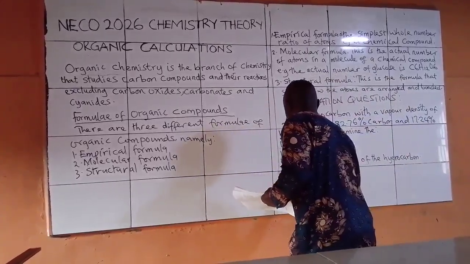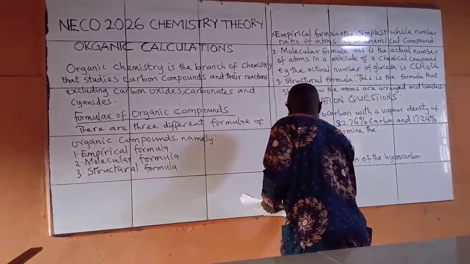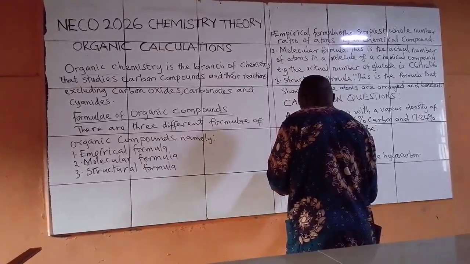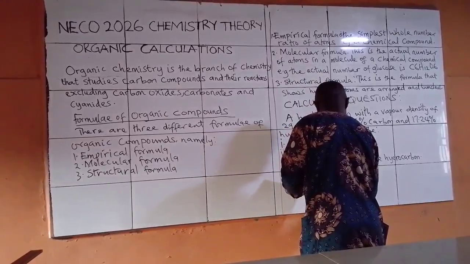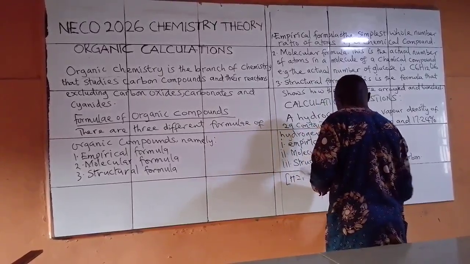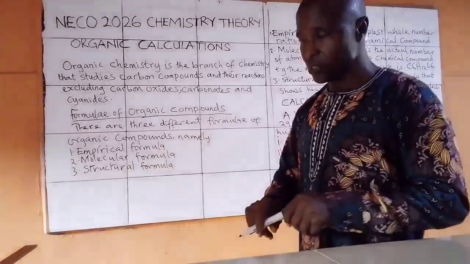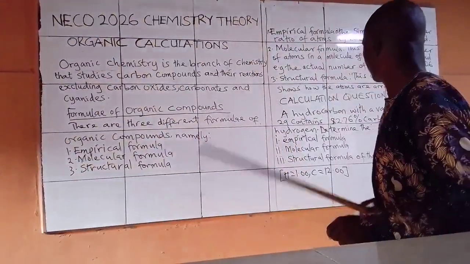Given that the atomic mass of hydrogen is equal to 1.00, atomic mass of carbon is equal to 12.00. Look at the question very well.